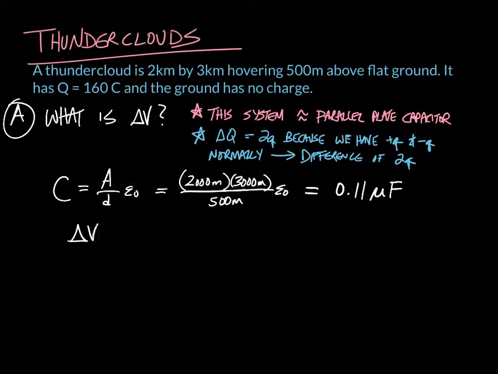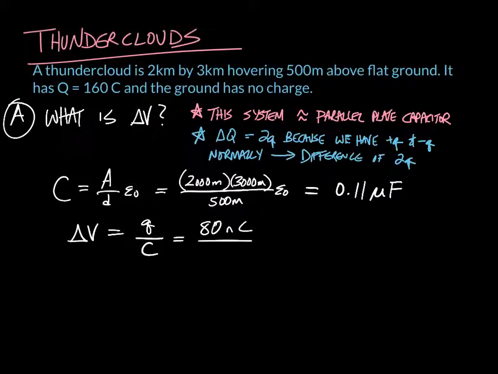And so now I can rearrange the capacitance equation. And remember, I guess this is a simpler way to think of this capacitor, if I have a total charge of 160 and I have a plus Q and a minus Q, that means I have 80 on one and 80 on the other. Perhaps that's a simpler way to think through the model, but I like having multiple modes of thought.